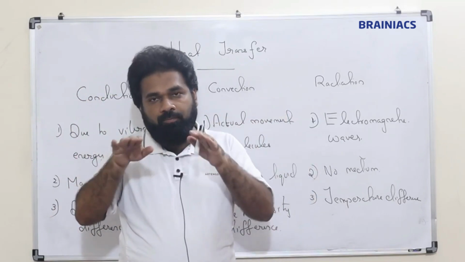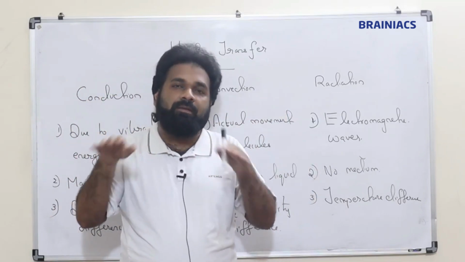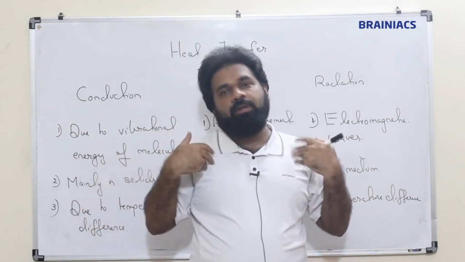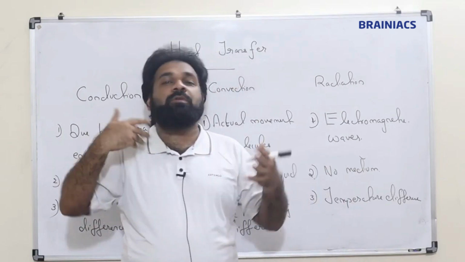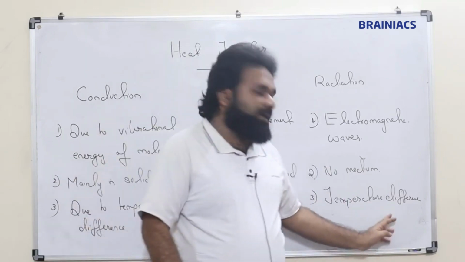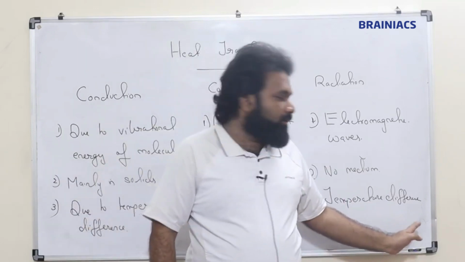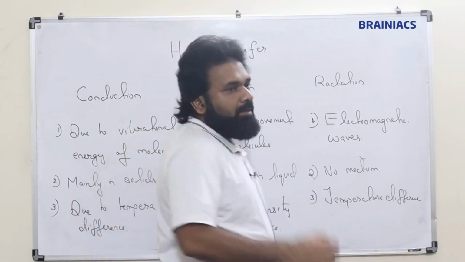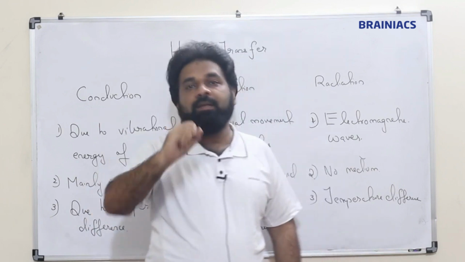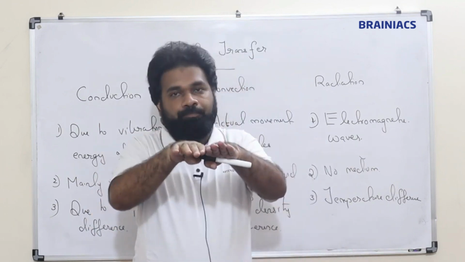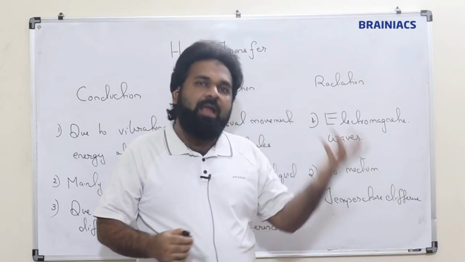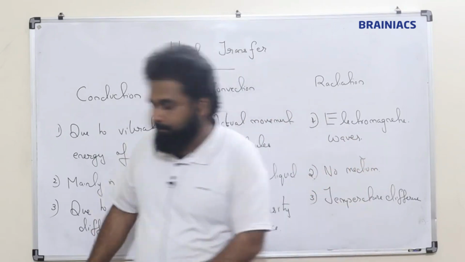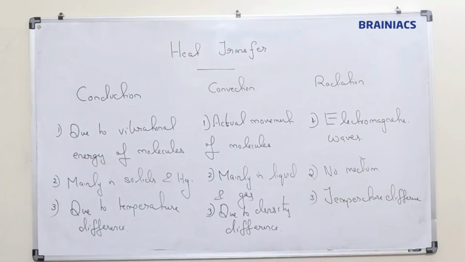Both these processes are happening together. So even though temperature is same, this process will happen. But if temperature difference is there, definitely it will be there. So even though temperature difference is not there, absorption and release will be there, but both will be same. But emission alone is there mainly due to the temperature difference. Okay, note it down.